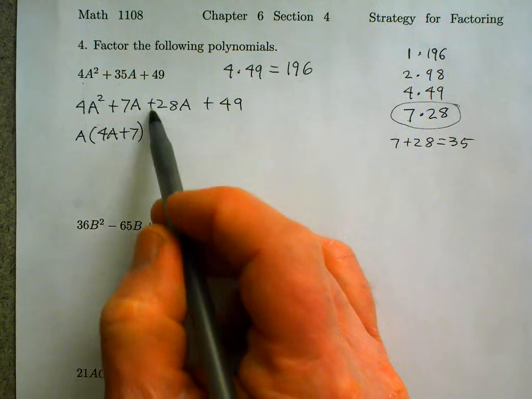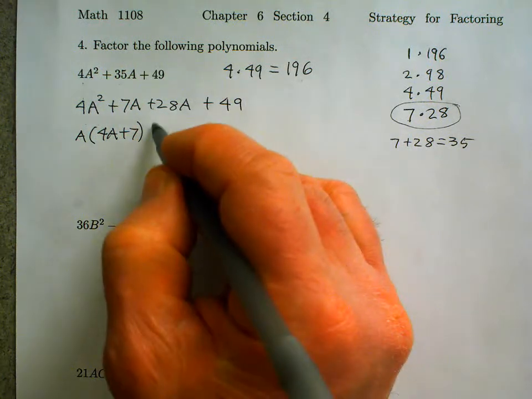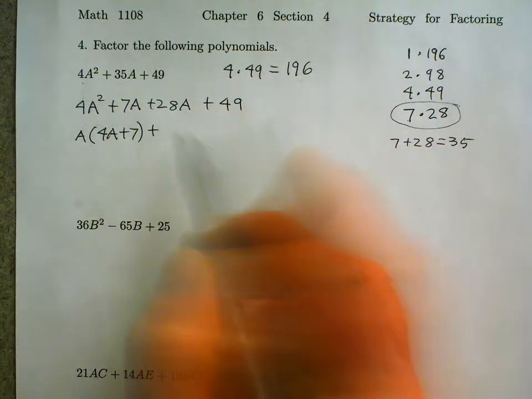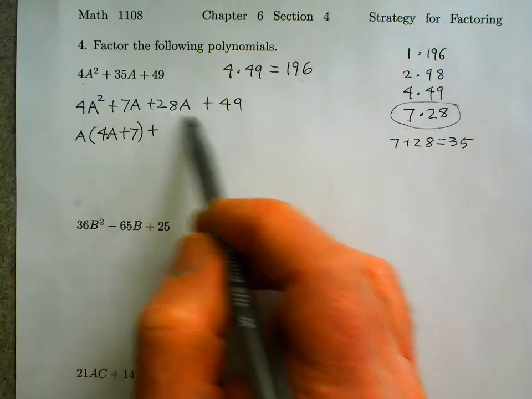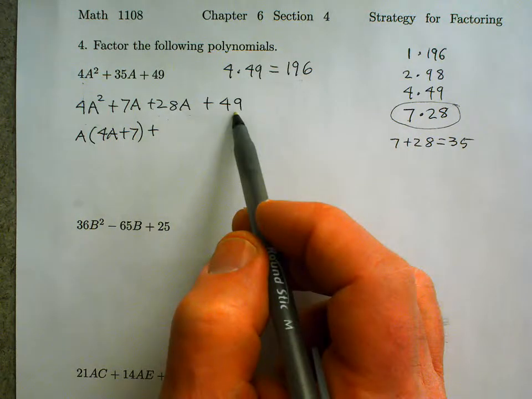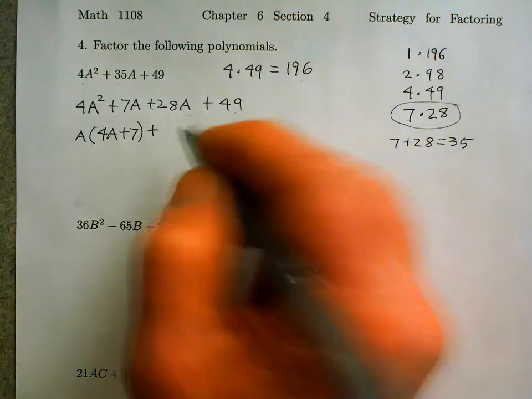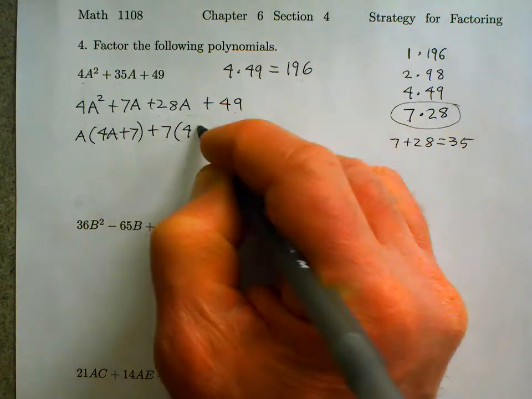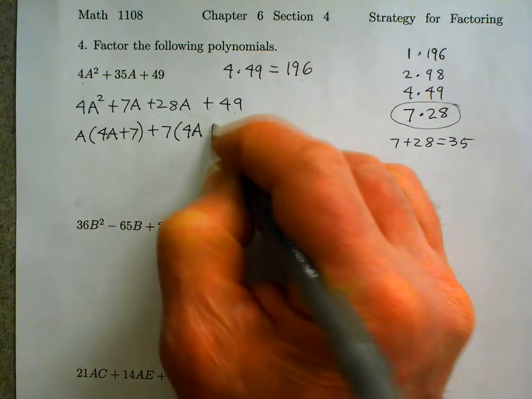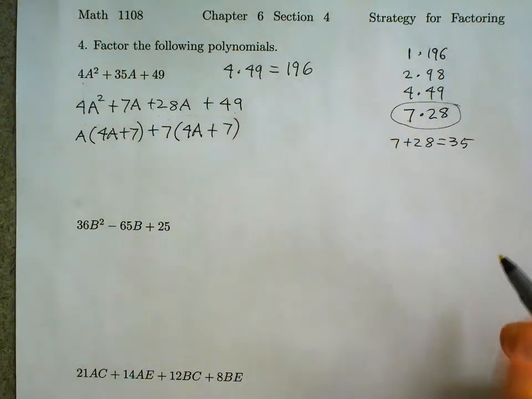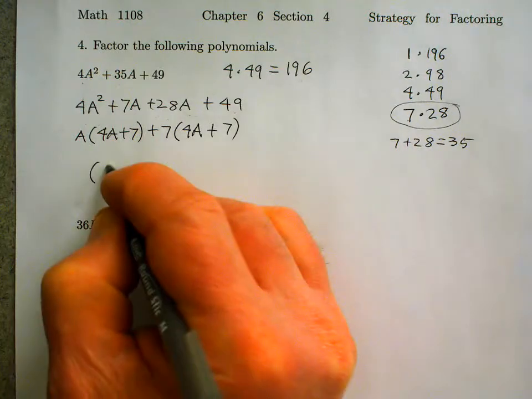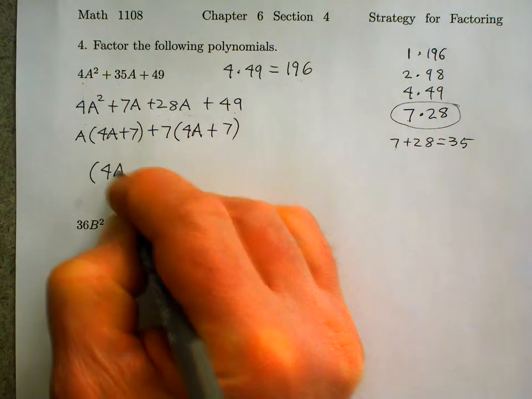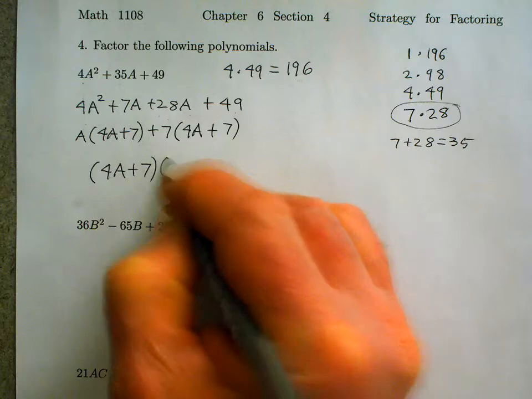Bring down the middle operator of addition. And then out of the third and fourth terms, 28a plus 49, the greatest common factor is 7. And times the binomial 4a plus 7. And then finally, the final factorization, 4a plus 7 times a plus 7.